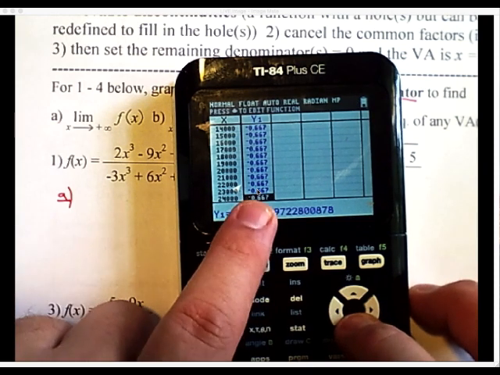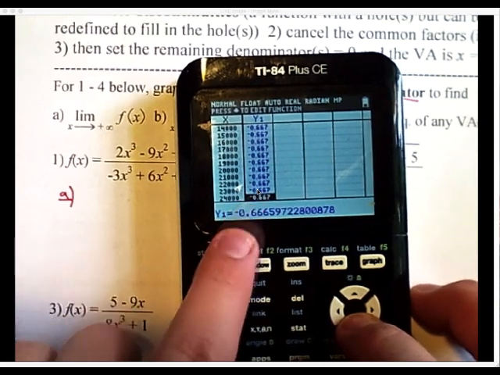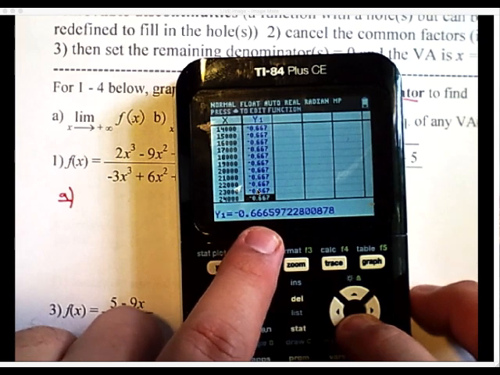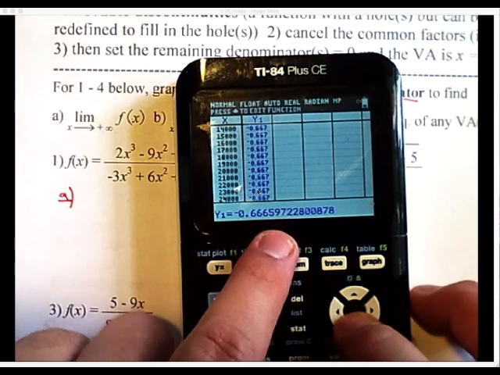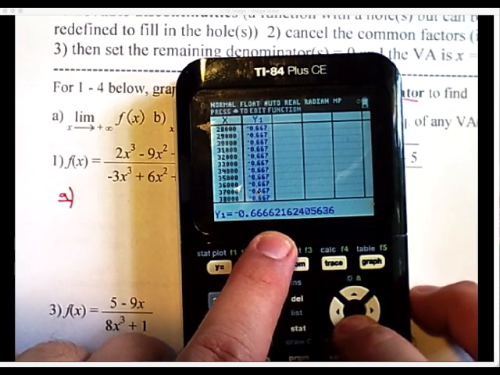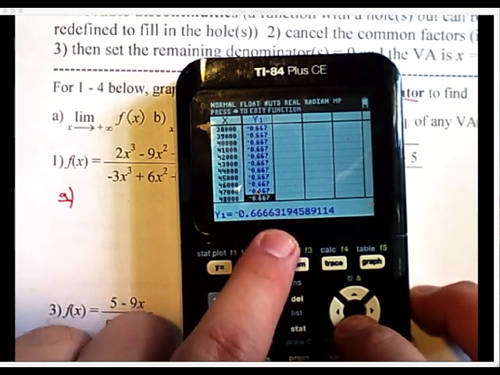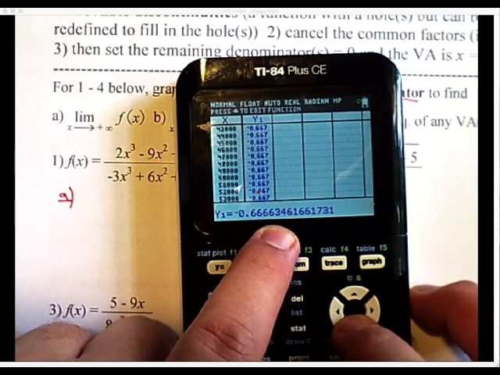The table rounds it, but if I hover over that, it's negative 0.666597. As I keep going down, the changes get really, really small, out to like the fifth or sixth decimal place.